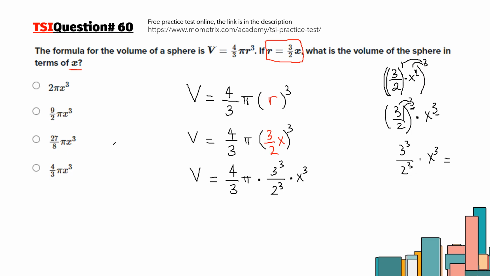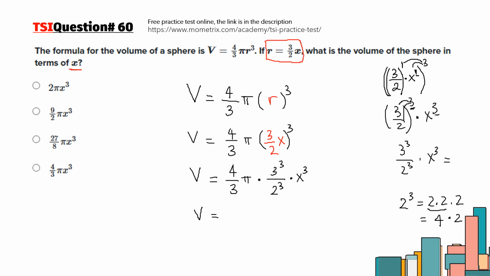Now we have to simplify this one. So let's write down V on the left-hand side. We have 2 cubed, which equals 2 times 2 times 2. With 2 factors of 2, we have 4, so 4 times 2.